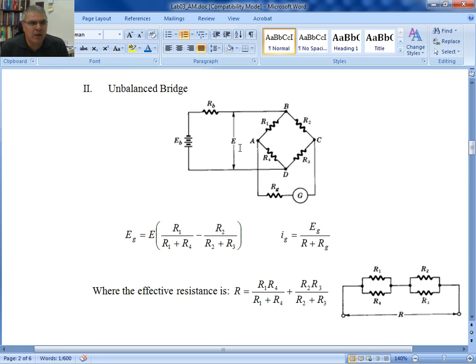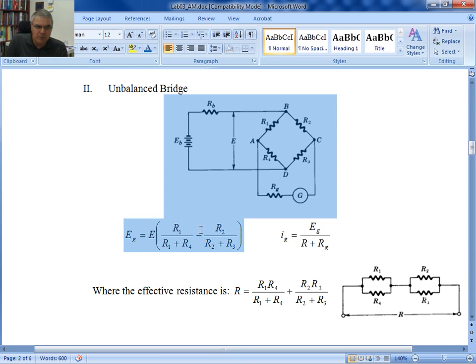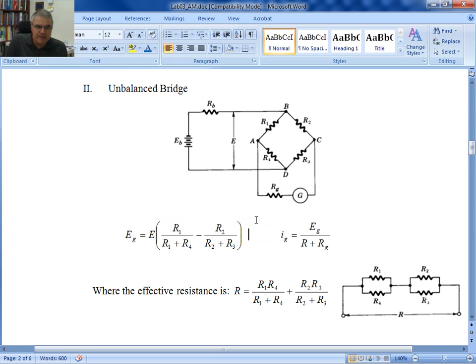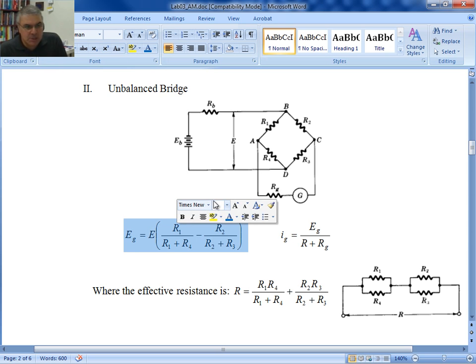For an unbalanced bridge, as shown, after you set it up correctly and get the resistors in the correct arrangement, you then need to use the formula. Really, from that point on, it's number crunching. If you look at this equation up here, let me highlight it. In this equation, the terms R1, R2, R3, and R4 refer to the resistors in the correct arrangement.